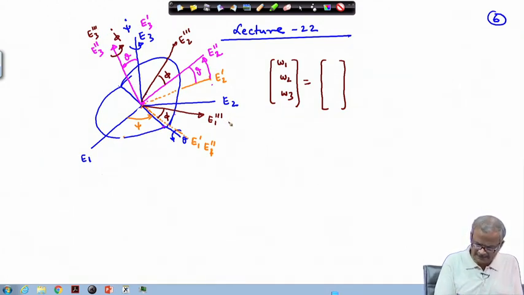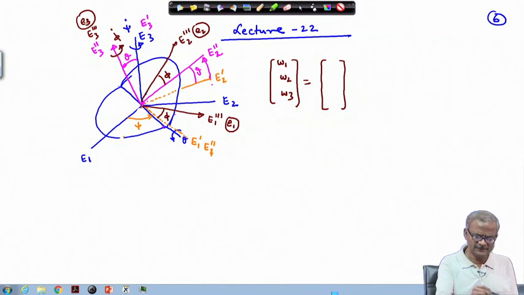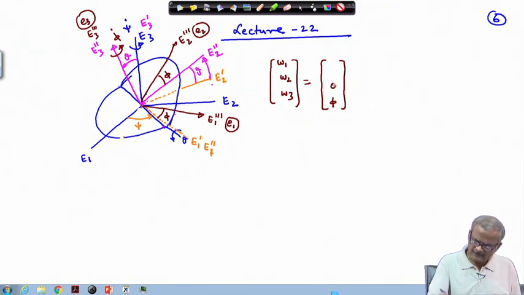Now, we tag this as E 1, this as E 2 and this as E 3. Instead of using E triple prime, we are writing E 1, E 2, E 3, which is the final orientation of the body axis with respect to the inertial axis. So, phi dot is along the z direction, so it is directly contributing to omega 3.